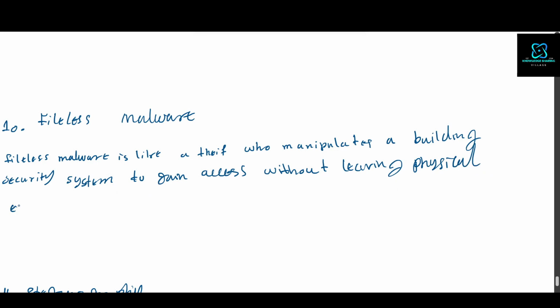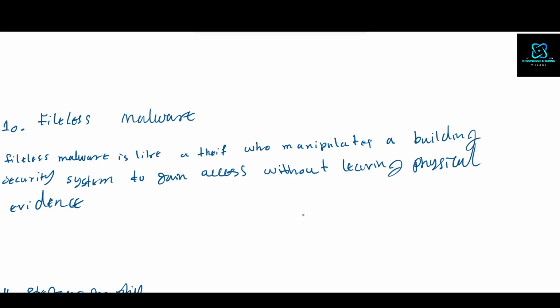So here the goal is, for example, that the malware will not be copied or installed on the hardware. If it were, then we could detect it, because it would leave physical traces, right?